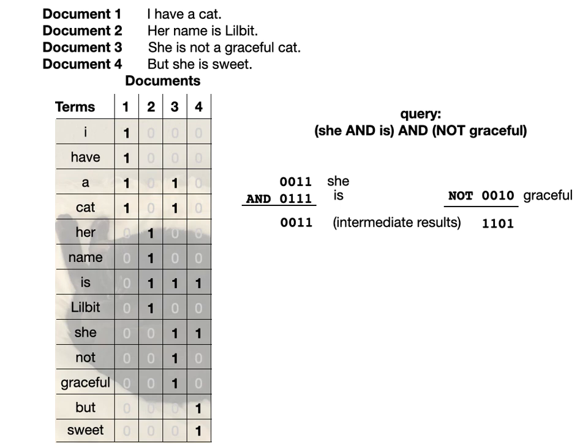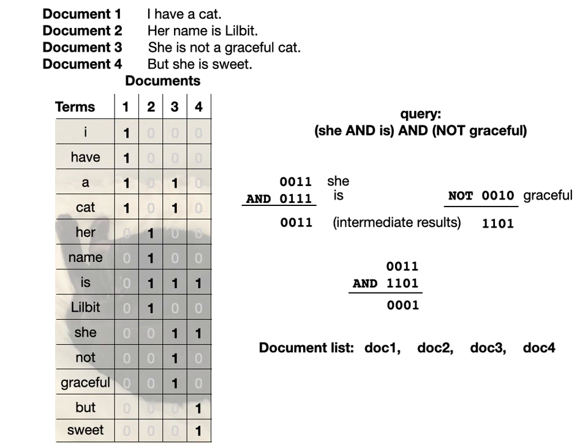So we have these intermediate steps to get us to this final bigger operation. So 0011 and 1101 brings us to just document 4 satisfies these conditions. So you see, we've gone through a more complex process, a more complex information need and search. So document 4 is what we pull out of here.